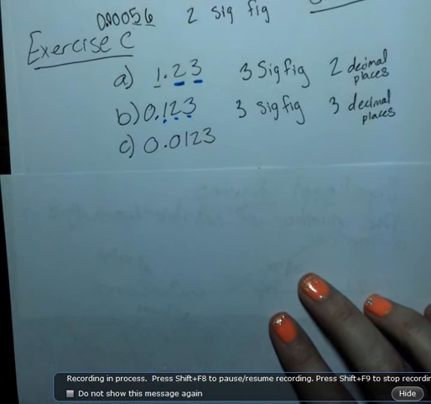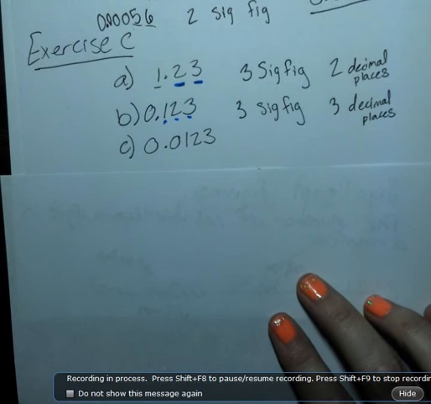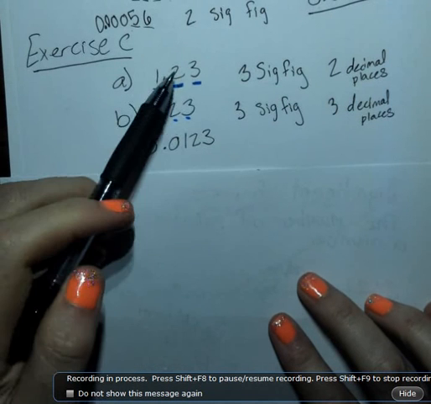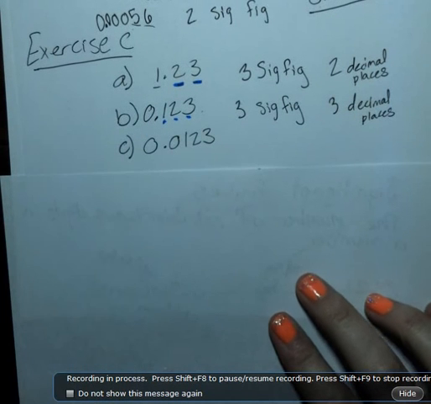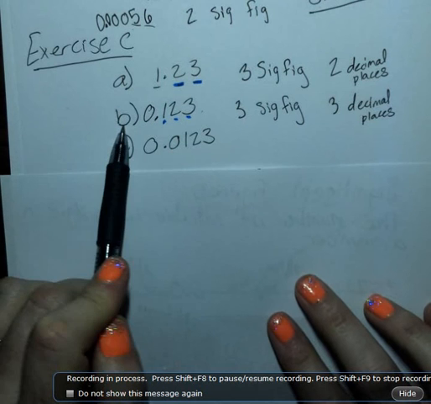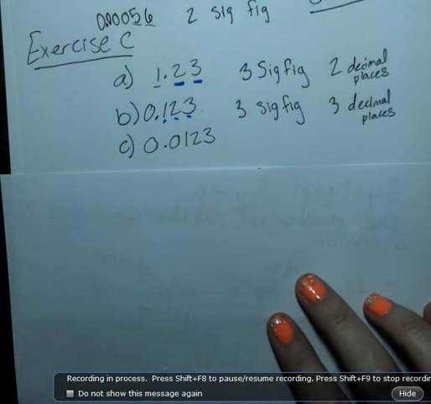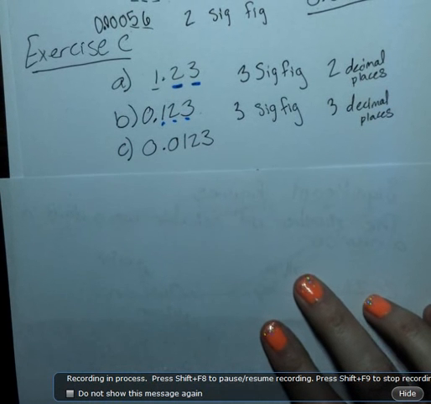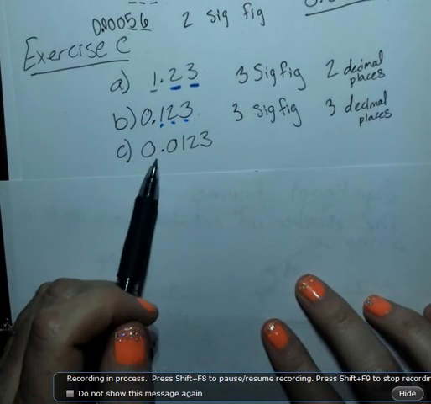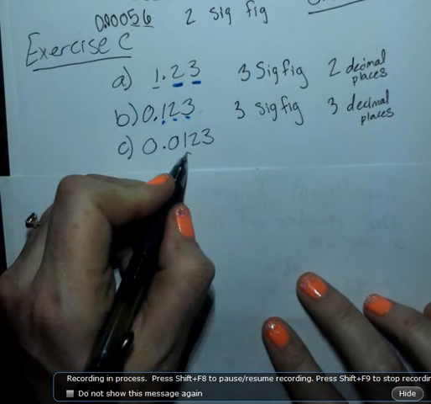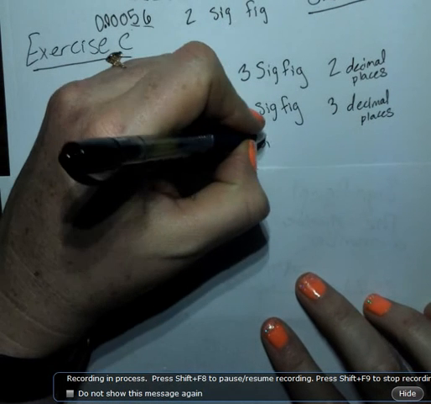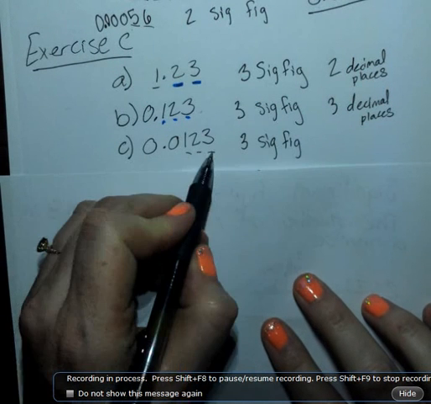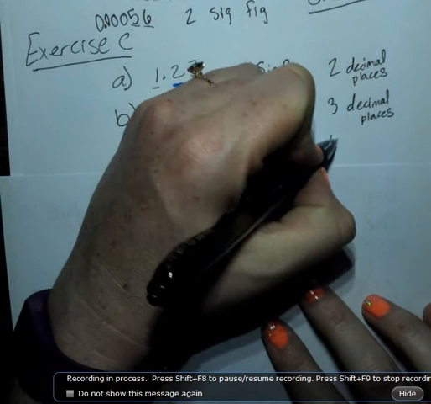In fact, this is a really important thing to make a note of because even though the number of significant figures is the same, if these 2 values have the same unit, we could say that B is a more accurate number than A. And we're going to talk about units in our next little video. And then finally, C, if you guessed 3 significant figures, you were right. This time we have 1, 2, 3, 4 decimal places.